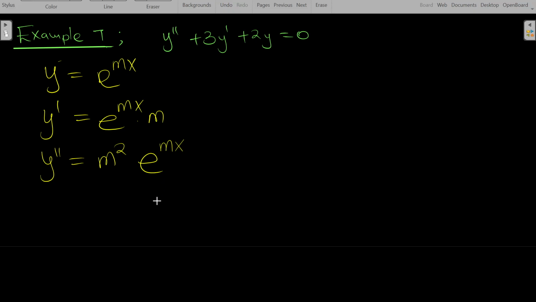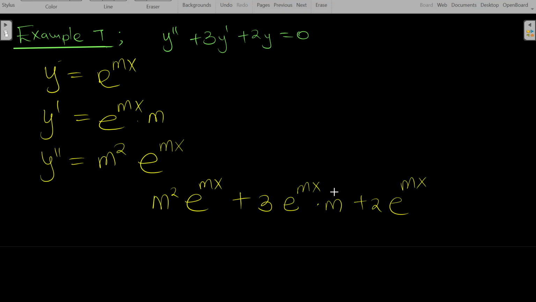So let's substitute that: m squared e raised to mx plus 3 e raised to mx m, plus 2 e raised to mx.